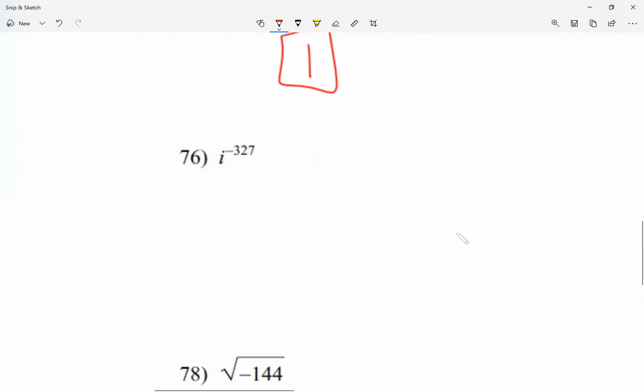Lastly here, I'm going to give you a clue. One thing real quick: multiples of 100. 4 is a multiple of 100. So here, let me add 300. That gives me i to the negative 27th. Some of your exponents are going to be in the hundreds. Add or subtract the hundreds: 100, 200, 300. All the hundreds are multiples of 4.